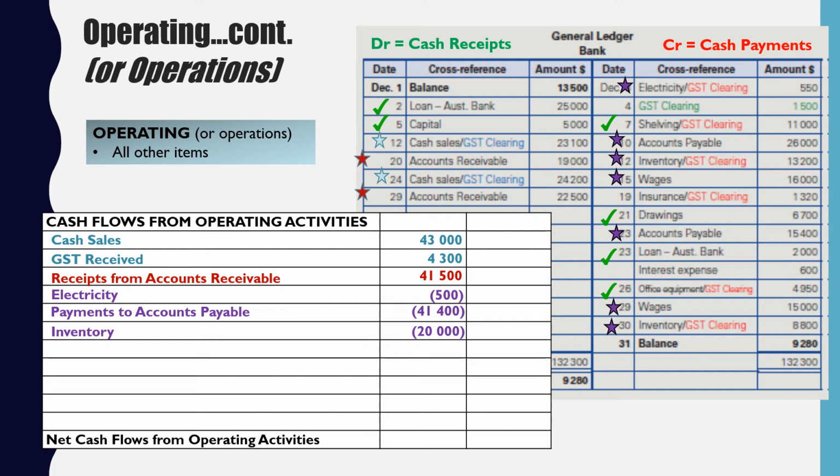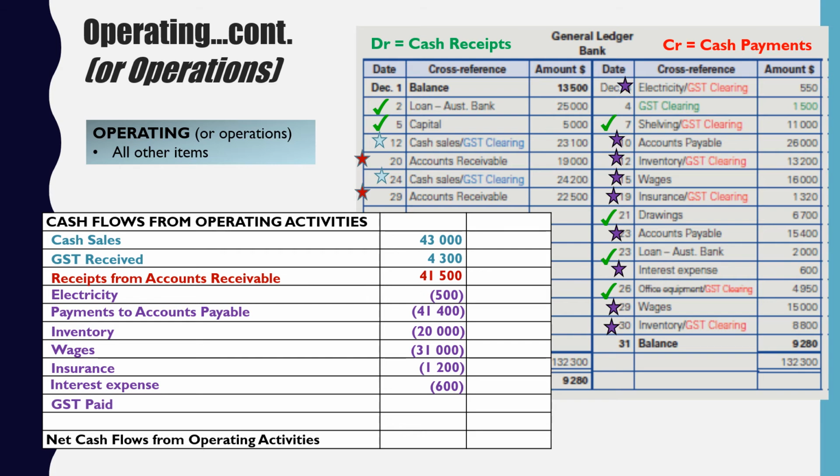On the 15th and 29th of December, we have payments for wages totaling $31,000. On the 19th of December, we have payment for insurance for the amount of $1,200 excluding GST. Next, we have payment for interest expense on the 23rd of December for the amount of $600.